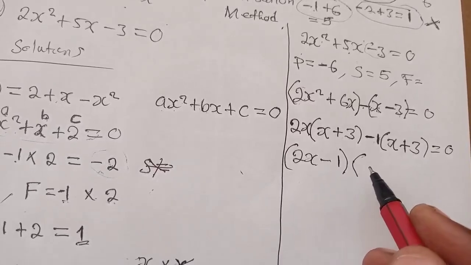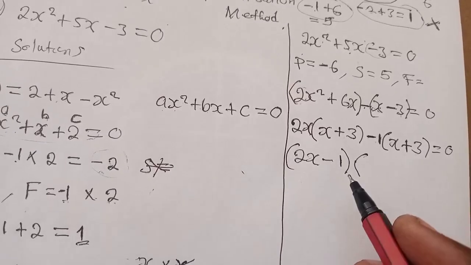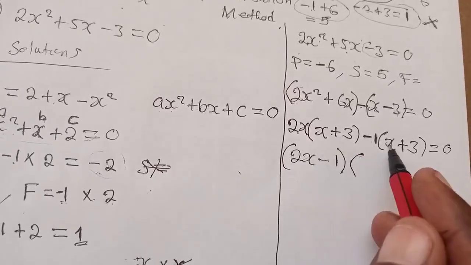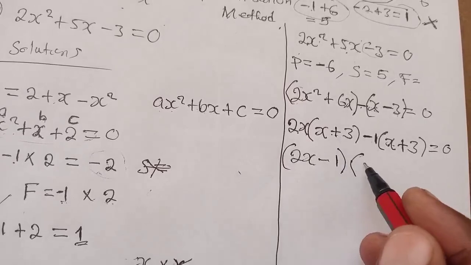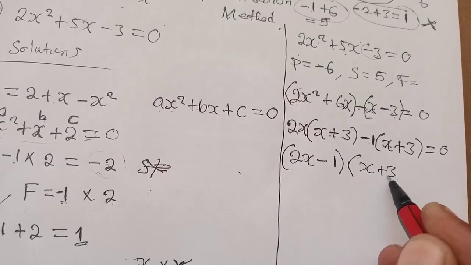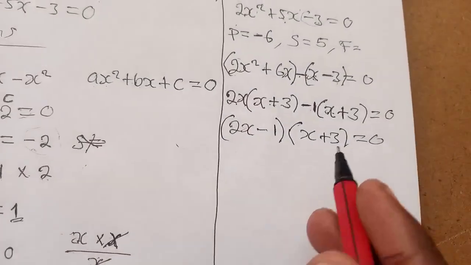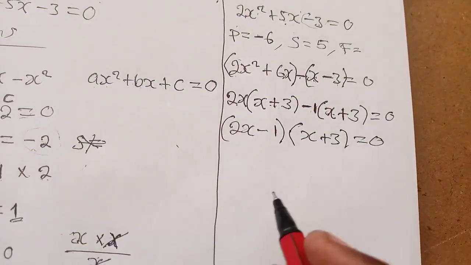Then you get one of these brackets, which is just x plus 3, is equal to 0.